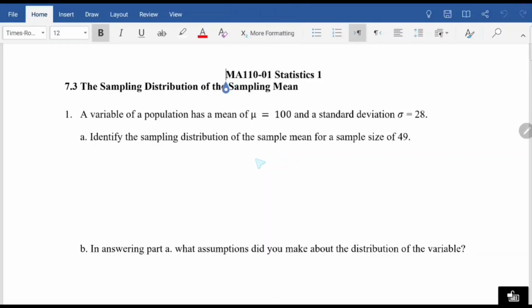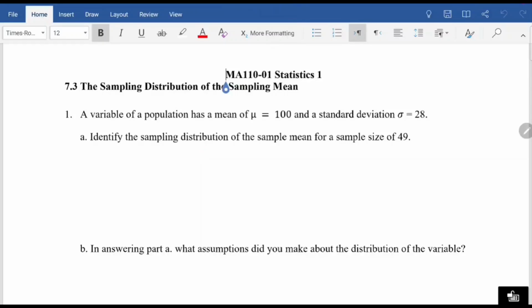So what we have to answer here is what the sampling distribution is. Now, we said before that the sampling distribution is either normal or right skewed or left skewed, correct? But when you're answering questions on the sampling distribution, you have to provide two other pieces of information as well, which is the mean as well as the standard deviation.